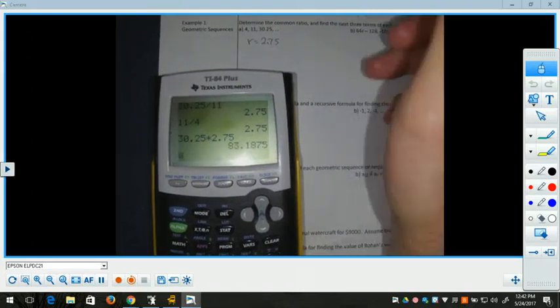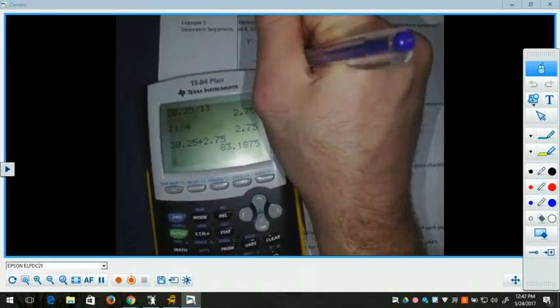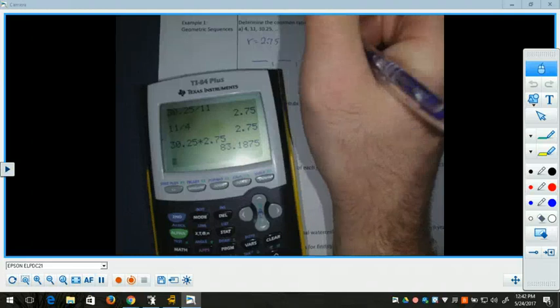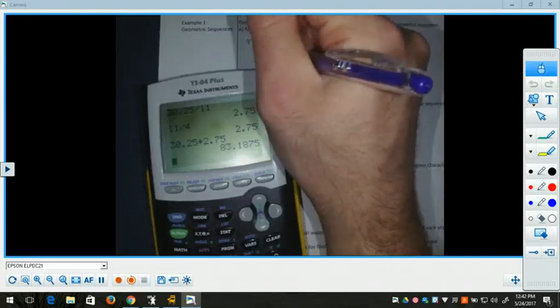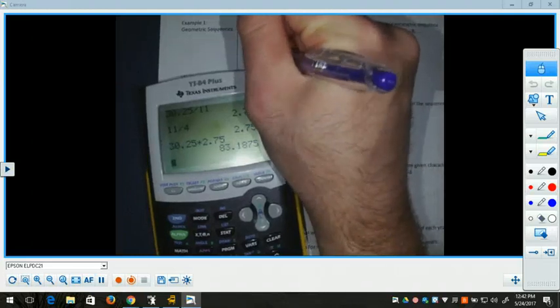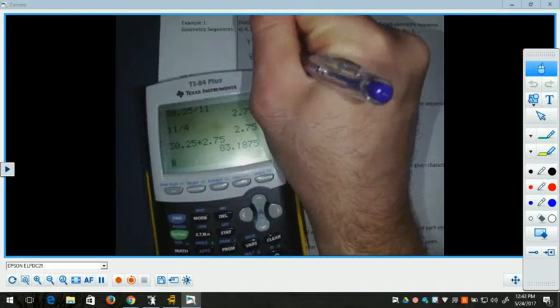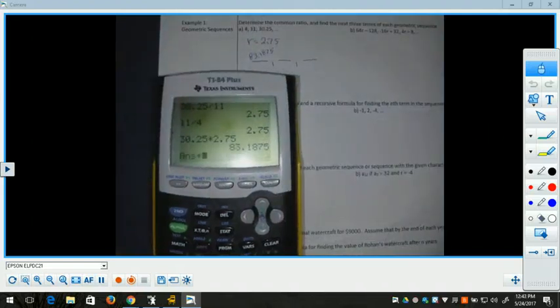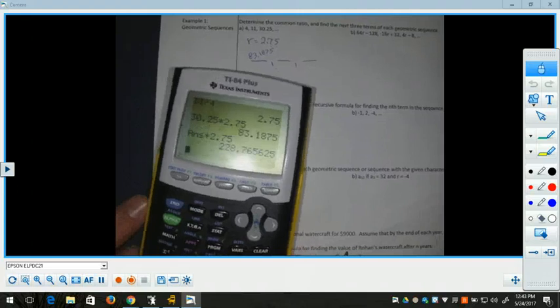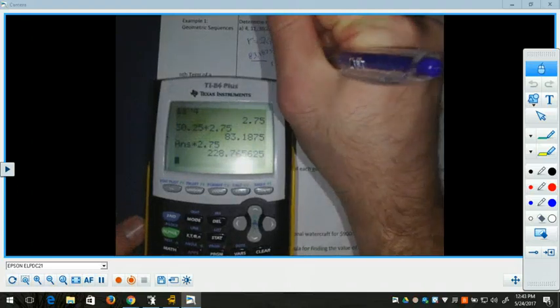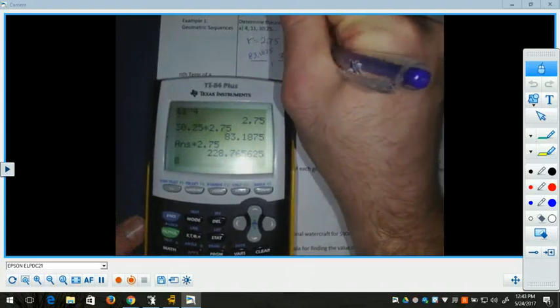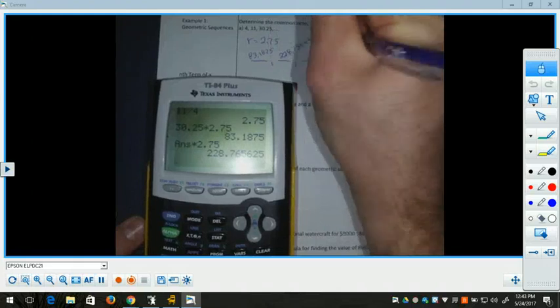30.25 times 2.75. I'm supposed to find the next three terms. Well, the next term is actually 83.1875. I'm going to multiply that by 2.75, and I get 228.785625.